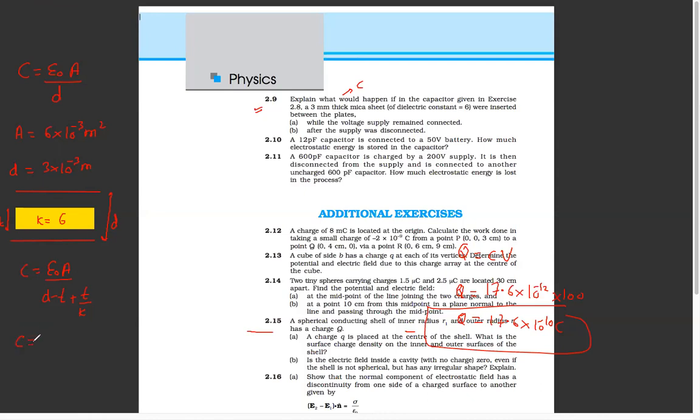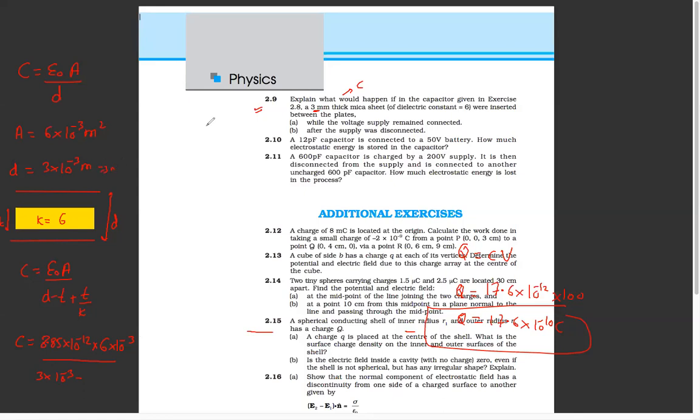Let's substitute the values. Epsilon naught is 8.85 into 10 raised to the power minus 12. Area is 6 into 10 raised to the power minus 3. D is 3 into 10 raised to the power minus 3. The thickness of the slab is 3 mm, and the separation is 3 mm.